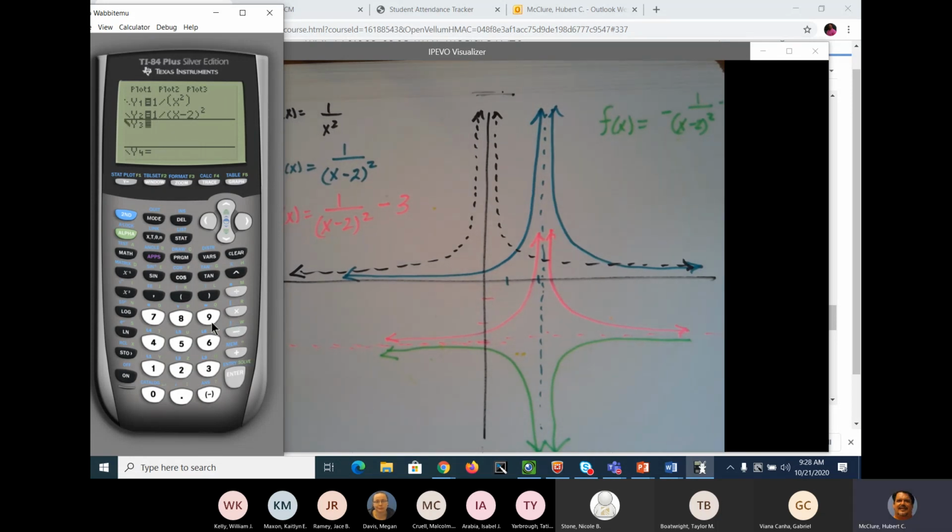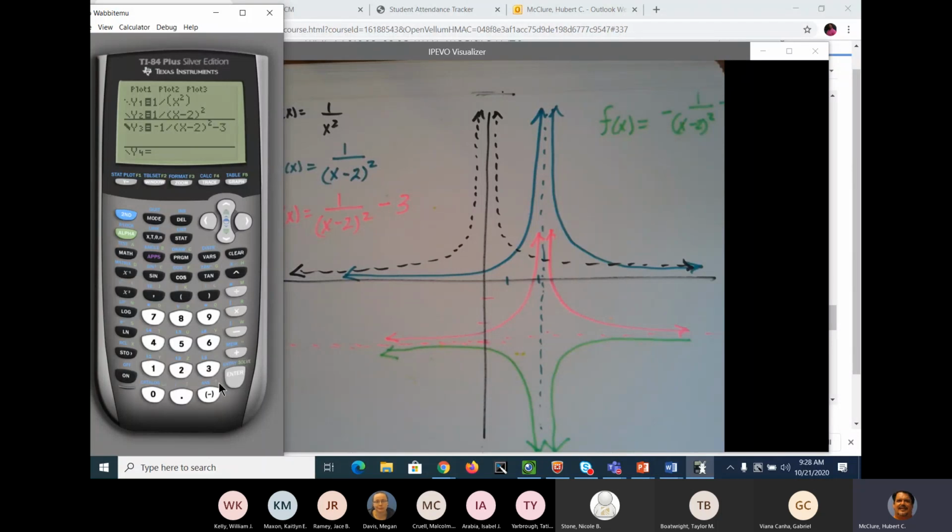And negative 1 divided by parentheses x minus 2, x minus 2 quantity squared, and then I'm going to subtract 3.